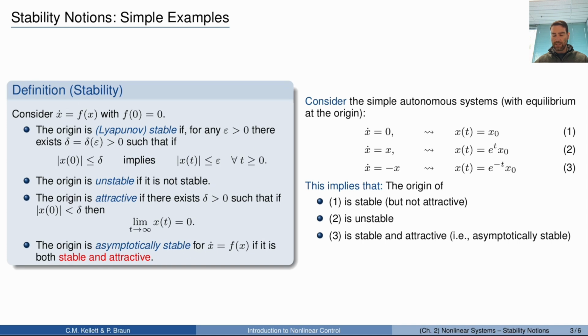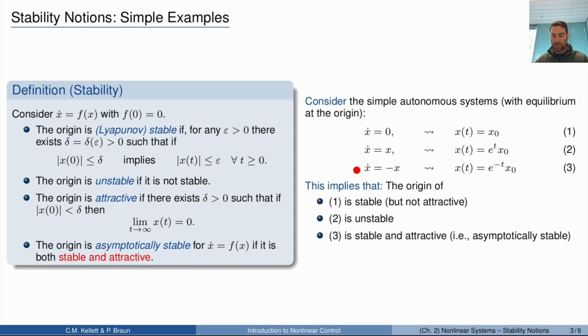x dot is equal to x, with the solution e to the power t times the initial condition. e to the t is increasing, so we will leave every epsilon neighborhood, no matter how close we start to the origin. This would be an example of an unstable equilibrium.